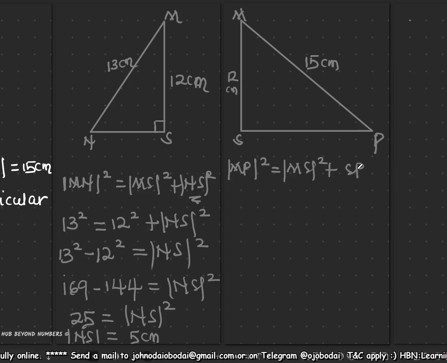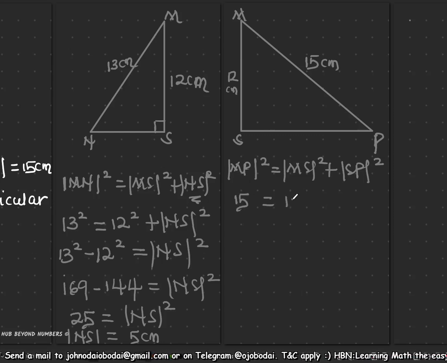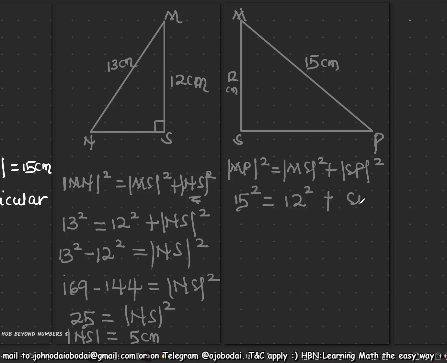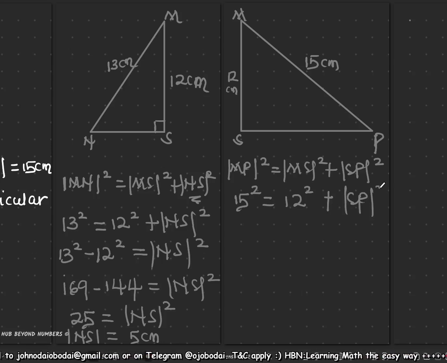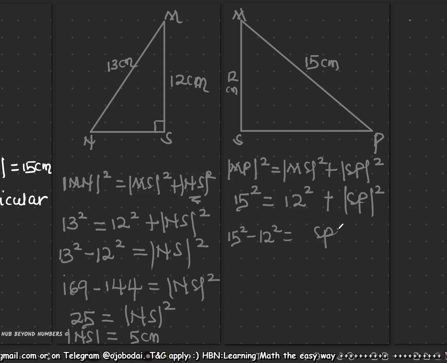plus SP. All right, so let's do a substitution. MP gives us 15, and MS gives us 12, not forgetting their squares, plus SP squared. We would have to make SP the subject. So we have 15 squared minus 12 squared, giving us SP squared. 15 squared gives us 225.